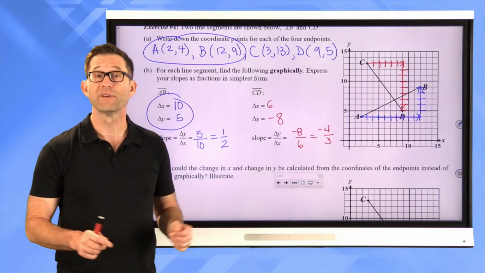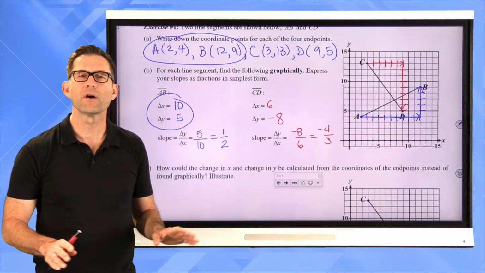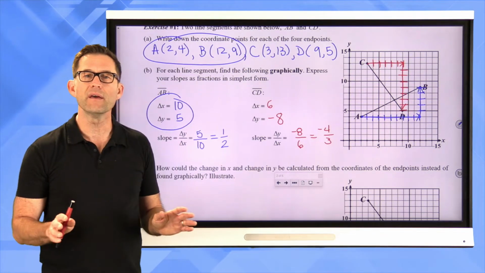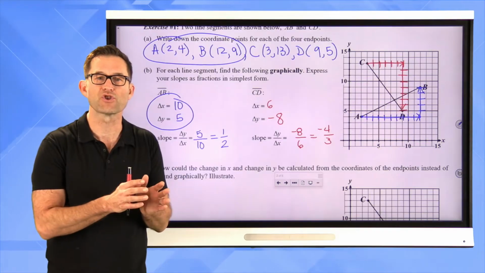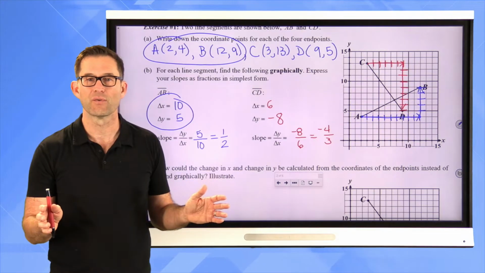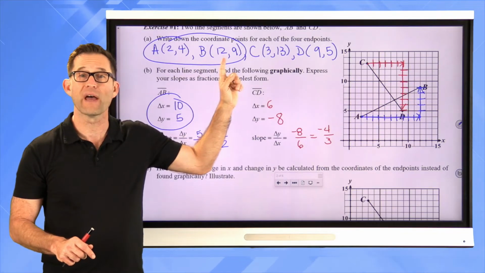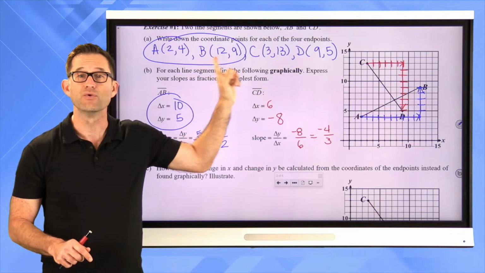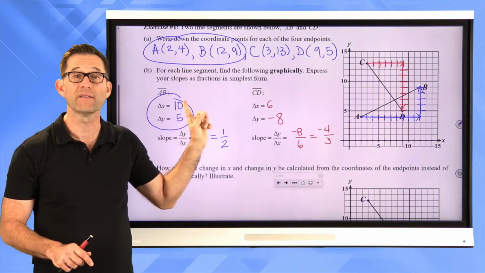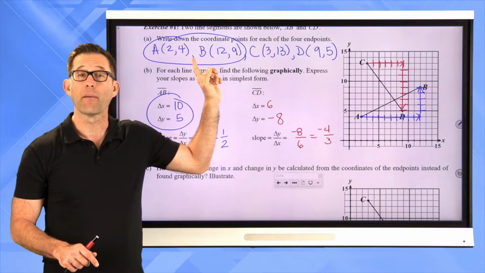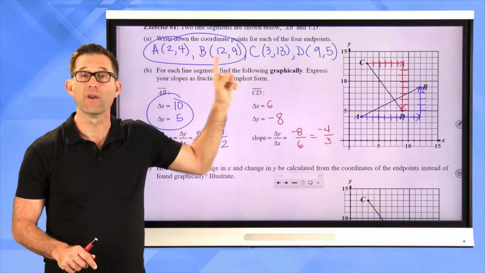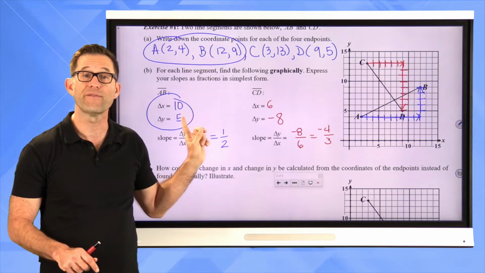Well, we can simply subtract, right? And that is a really important idea, the connection between subtraction and distance. So in other words, if I'm moving from A to B and I want to know how much x has changed, I can just do 12 minus 2 and I'll get 10. And if I want to figure out how much y has changed, I can just do 9 minus 4 and I'll get 5.